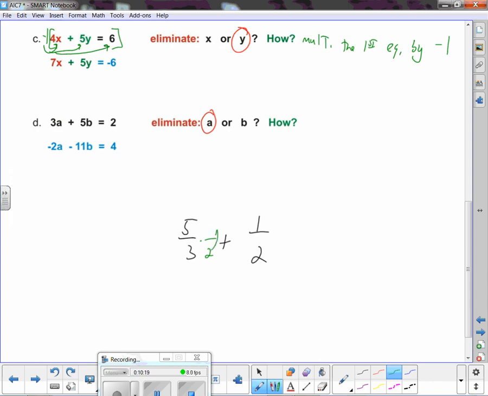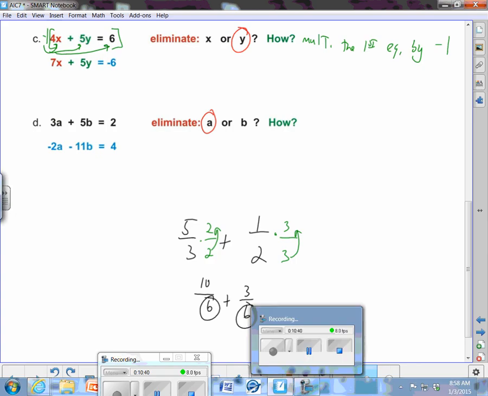Whatever I do to the bottom, do the same thing on the top. And I would multiply 1/2 by a 3 on the bottom. Whatever I do to the bottom, do the same thing on the top, so that I come up with a common denominator, right? Well, that's the kind of concept that you're going to use here. That coefficient that I'm after is going to be likened to a common denominator.